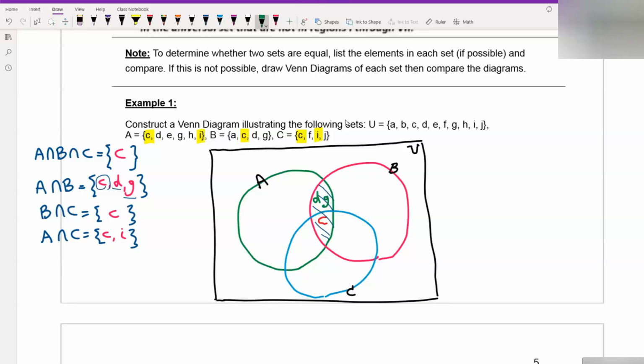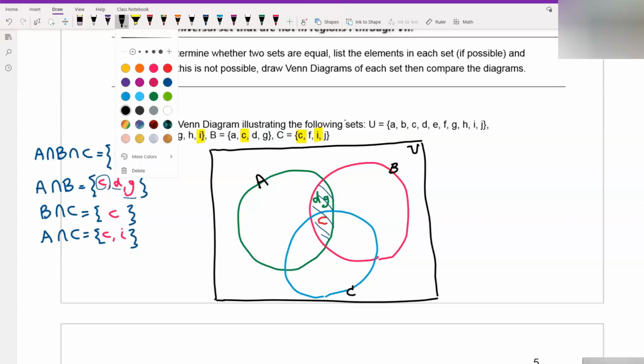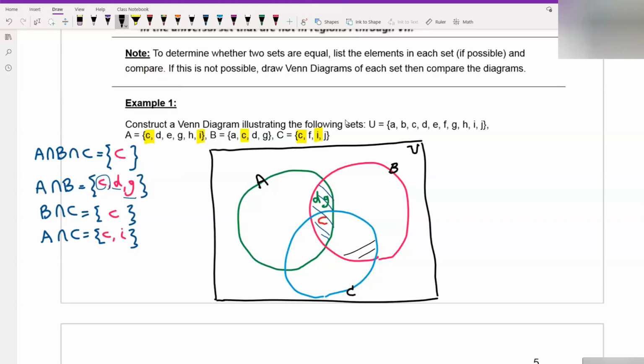Next one, B and C. The intersection of B, C is this part, and we only have C, and we already have C inside that part.